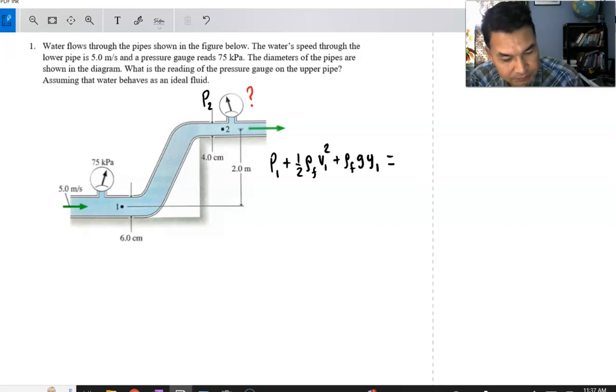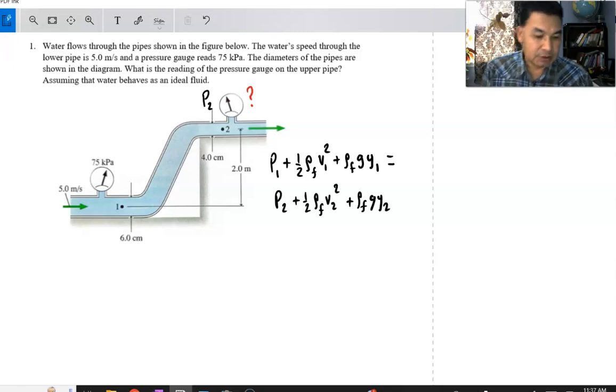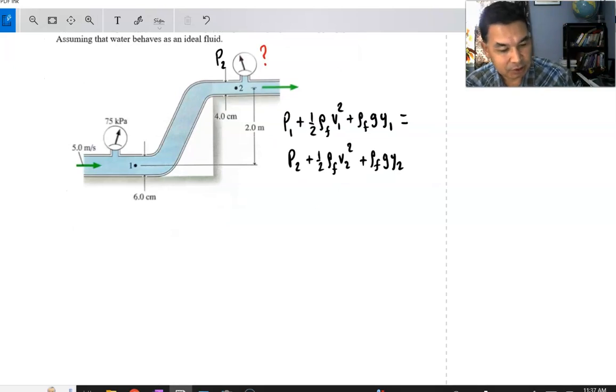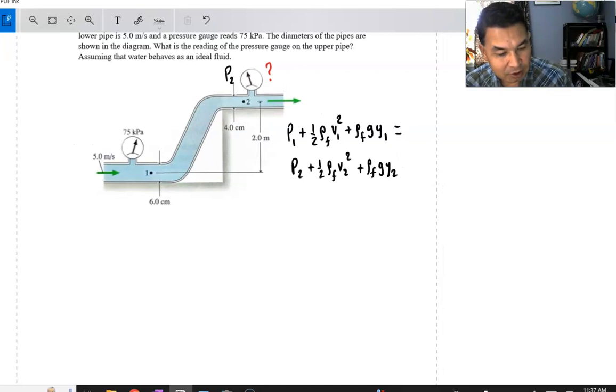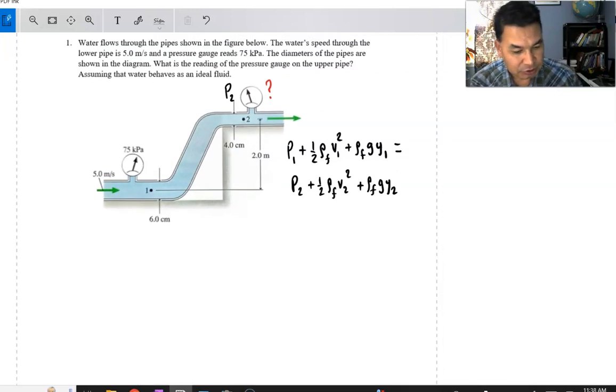So at section number 2 it becomes P2 plus 1/2 the density of the water times the speed squared plus the density times gravity times y2. That's just Bernoulli's equation, and we're supposed to solve for P2. Let's see if we have all the variables to solve this problem.